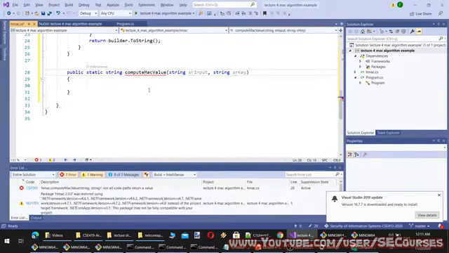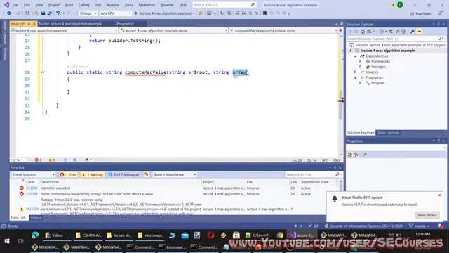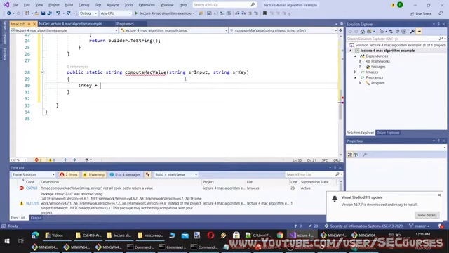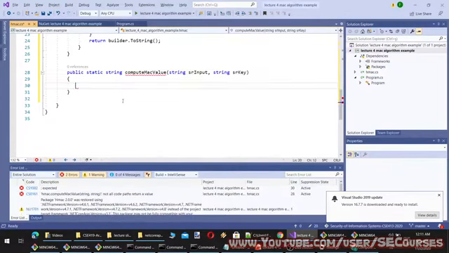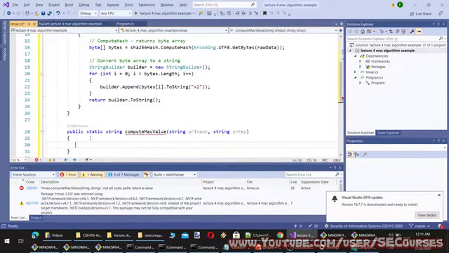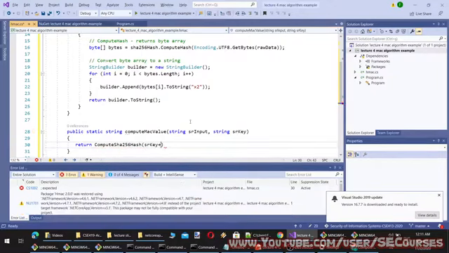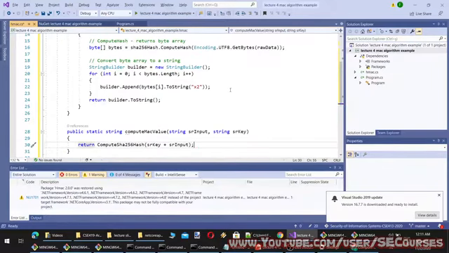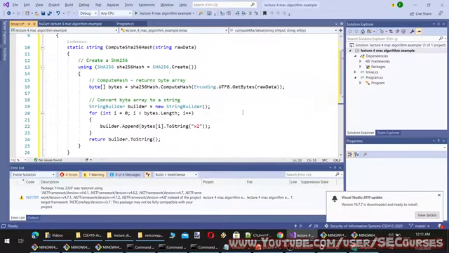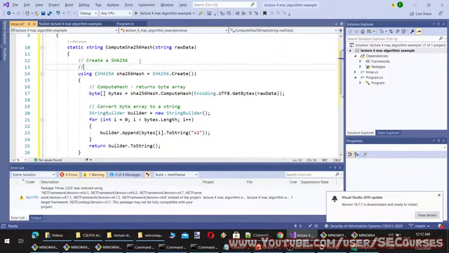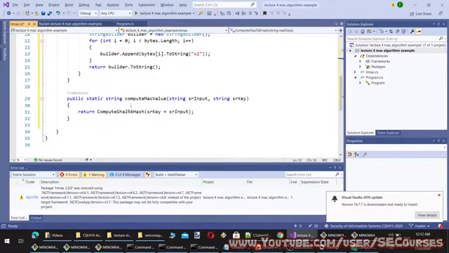So what will this do? This will do like this: key plus input, and I will compute the hash of key plus input. I'm going to write this as a note.